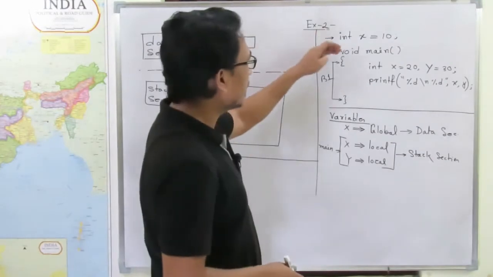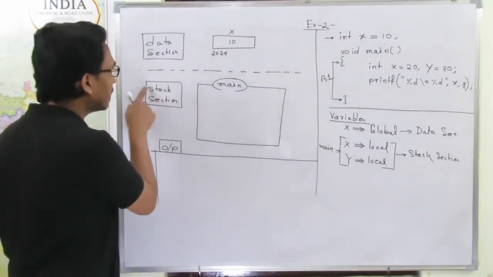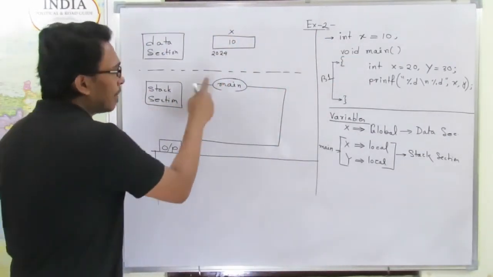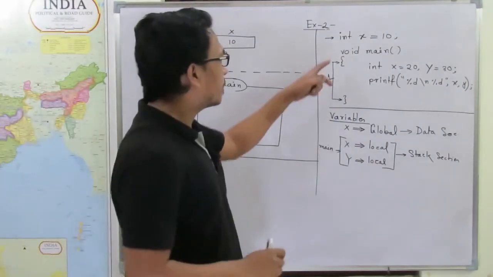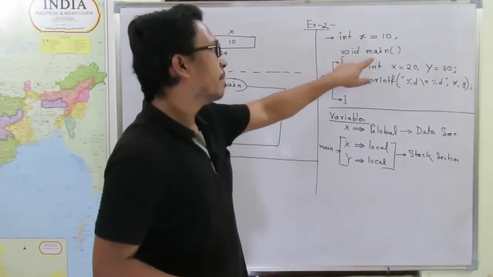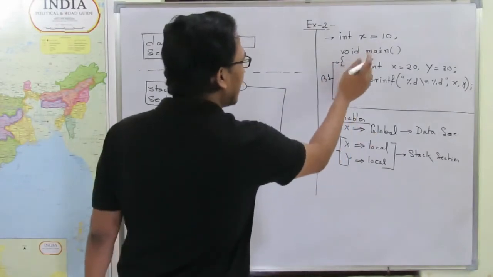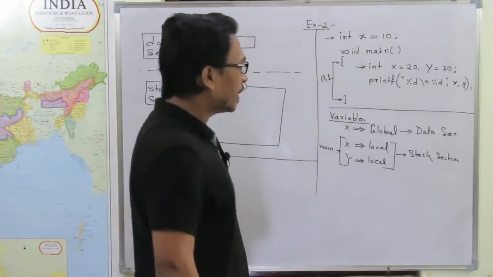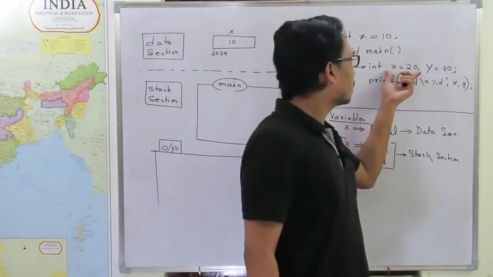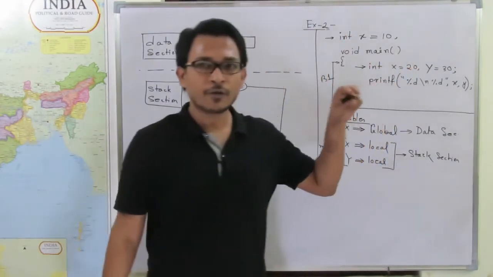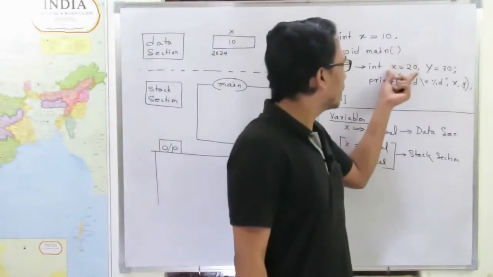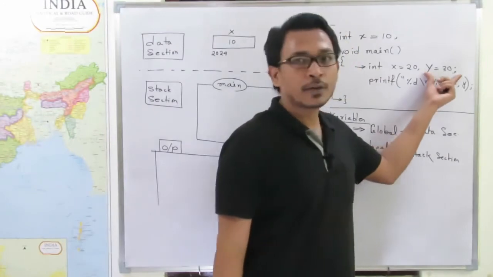Now coming to the next part. The system enters inside the main block, and a memory block is created for this particular block of main. Now inside the main block, the system will allocate memory for two variables. First one is for the variable x and second one is for the variable y.